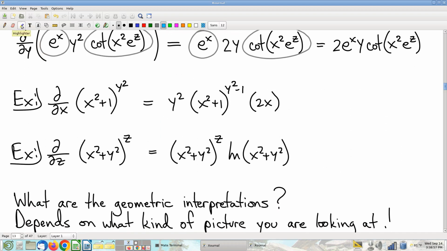Taking a partial now with respect to x. That means that I've got a function here, x squared plus 1. That's still a function, but this exponent, y squared, keep in mind, x is the variable. That means y is a constant. That means y squared is a constant. And so this is not a function to the power of a function, particularly, because we're taking a partial derivative.